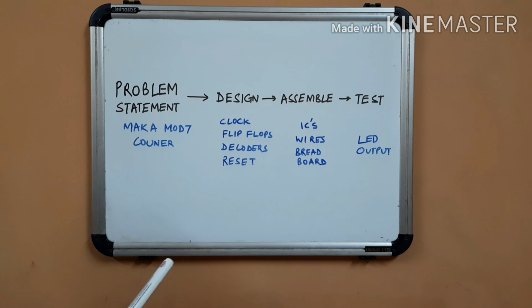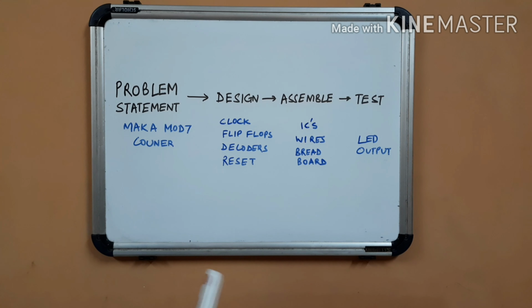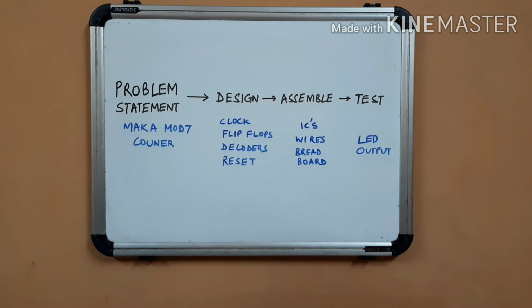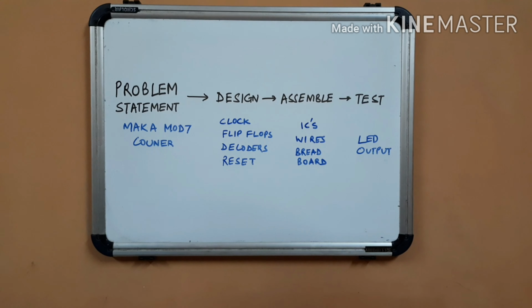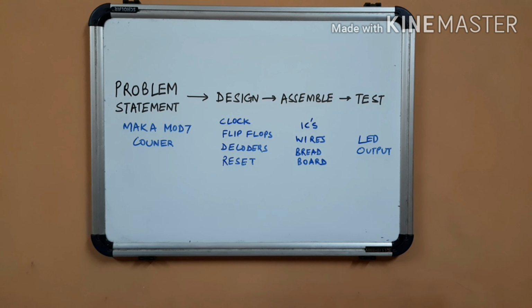And after we design it on pen and paper, we select the ICs from which we can make these few components. After that, we use a breadboard and a few wires to interconnect these ICs. We will have a few LEDs as an output, and then we test this circuit.